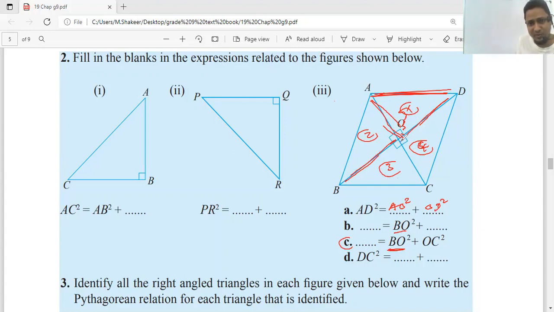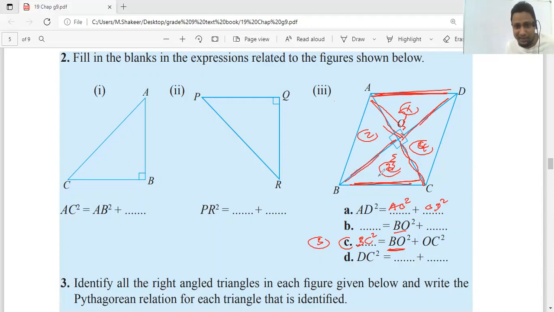Now this is the third triangle. What is the hypotenuse, opposite to the 90? BC squared. I hope you understood the third one. So here you write the answer. Finish it.